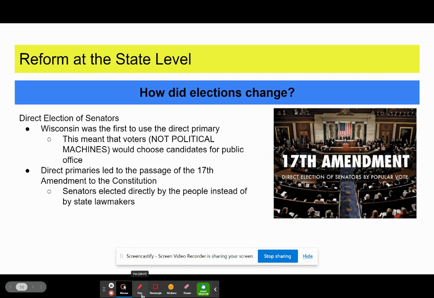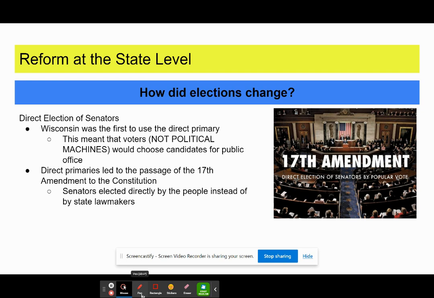And last but not least, another way in which elections changed was the passage of the 17th Amendment. So this lends to the direct election of senators. Wisconsin was the first to use a direct primary, which means that voters, not political machines, would choose the candidates for public office. Again, this is moving away from political machines into putting the power into the hands of the people.